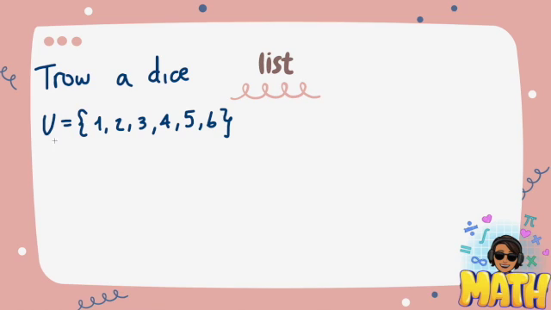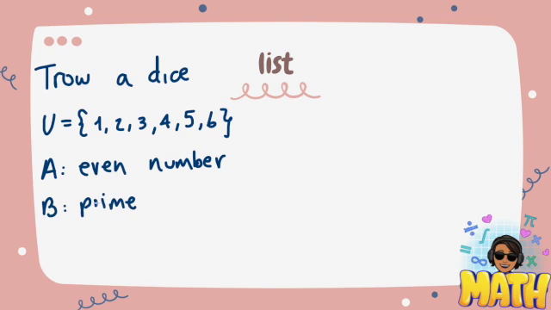Now, let's think that we have two events. The event A that is going to be thrown an even number, and the event B that is going to be thrown a prime number. So, if we wanted to know which ones are the possible outcomes of this event, we just have to write which numbers in our sample space have this condition.